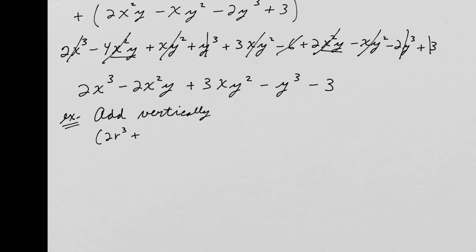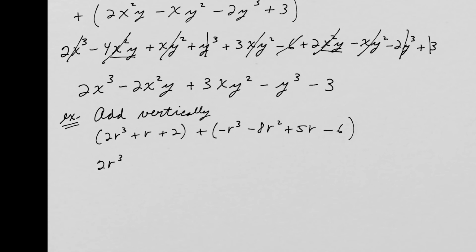2r cubed plus r plus 2, and I want to add it to negative r cubed minus 8r squared plus 5r minus 6. Okay, so what you could do is make a column, start with the highest term, right? So 2r cubed.